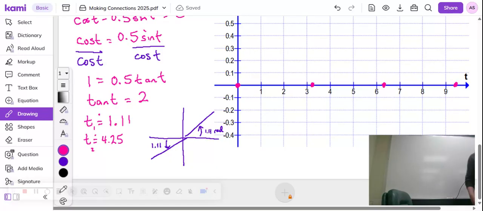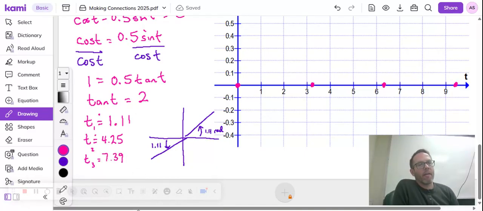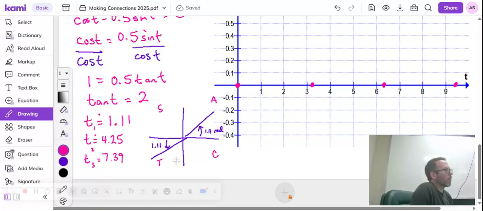So let's see what that is. t3 would equal 2 pi plus 1.11, 6.28 plus 1.11 equals, and I got 7.39. And I think that's the last one that's going to fit. So we had that discussion. We used our calculators, first of all, to get 1.11 radians. And then we just used the CAST rule to get 2 more. Are you guys okay with that?